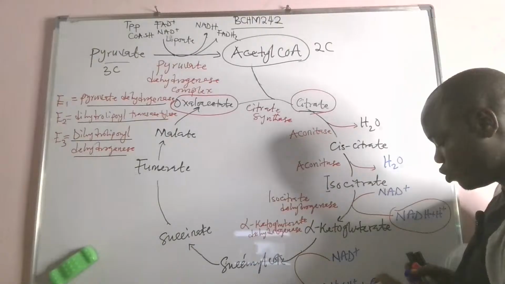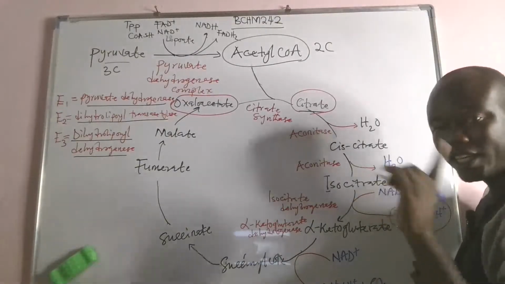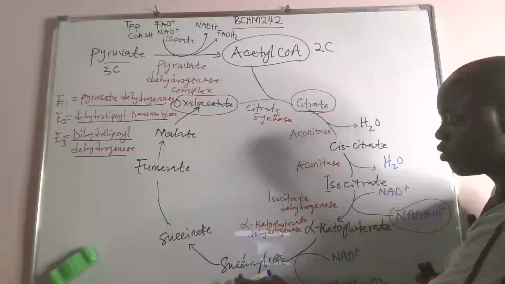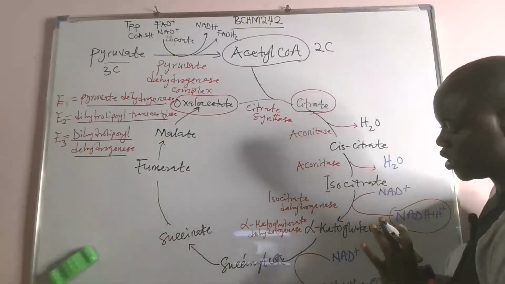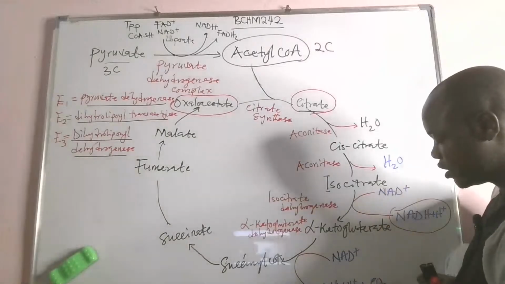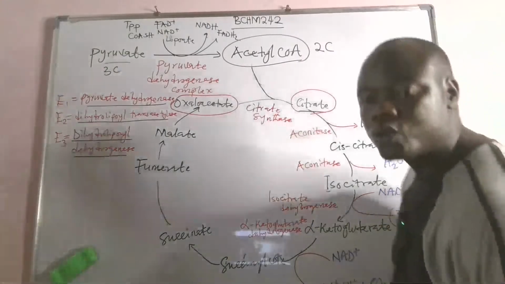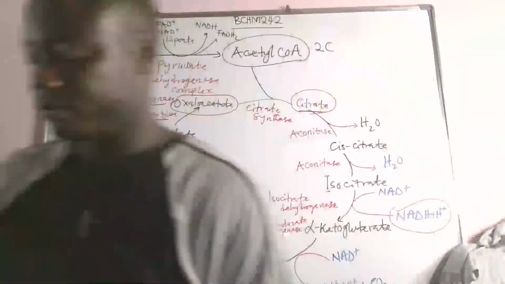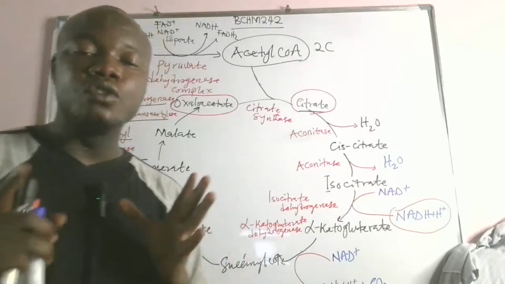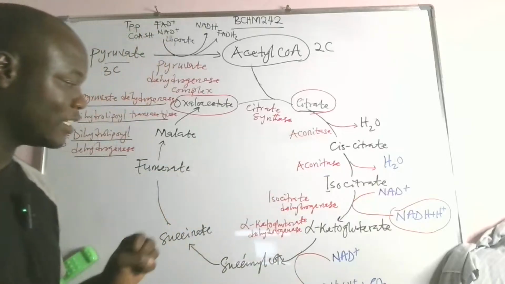So one molecule of CO2 is removed, and alpha ketoglutarate is converted into succinyl-CoA. At this stage, one molecule of NADH is generated, and one molecule of carbon dioxide. Is that clear? Are you following, please? Do you understand this stage?